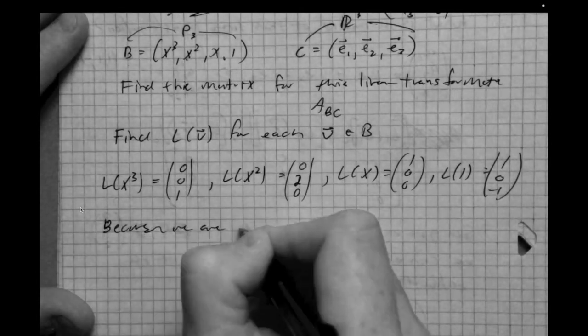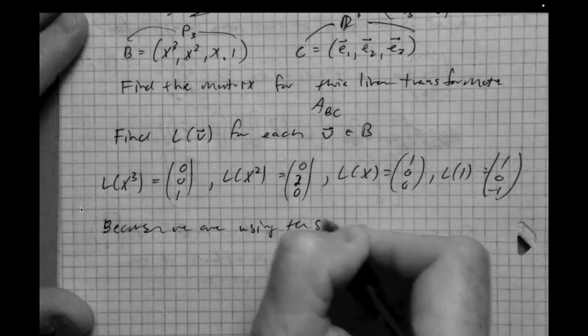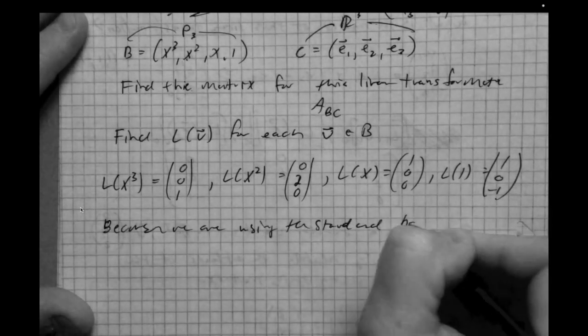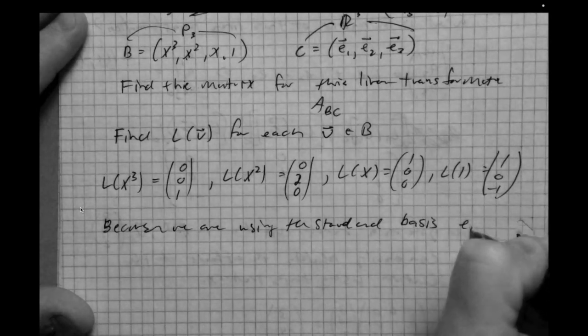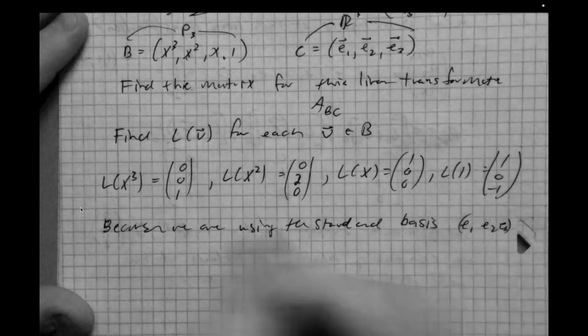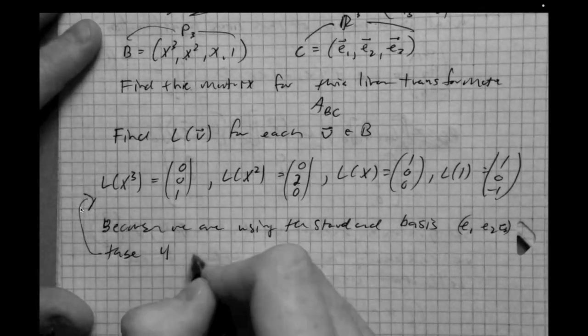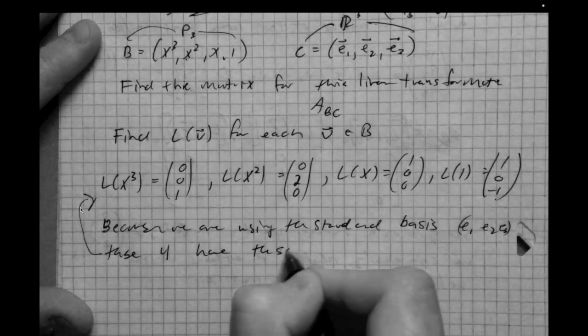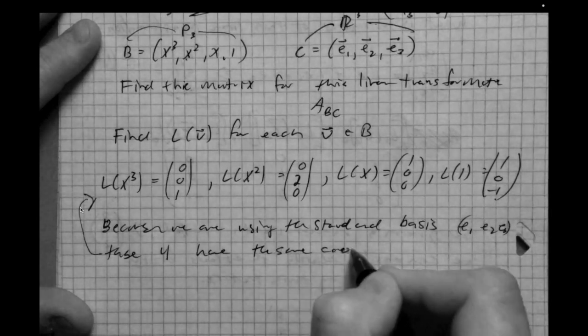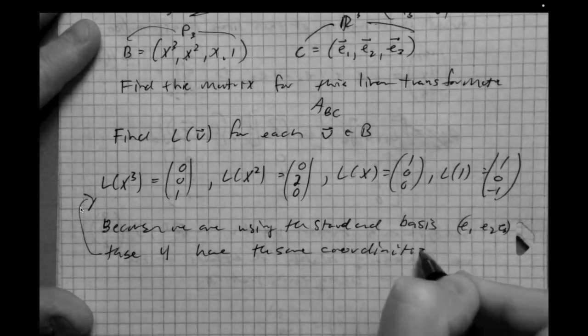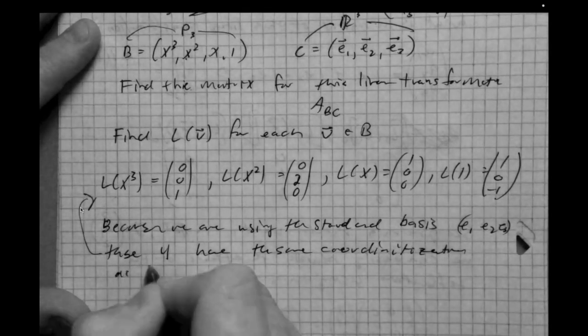Because we are using the standard basis, E1, E2, E3, these four have the same coordinatization as their face value.